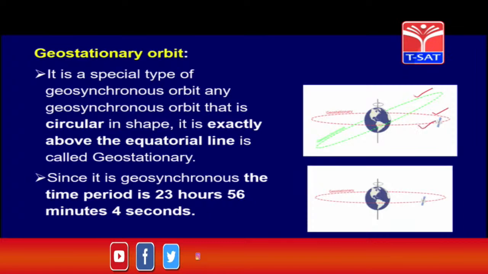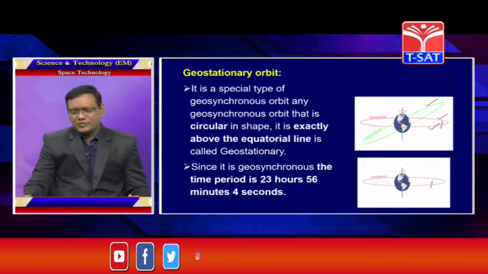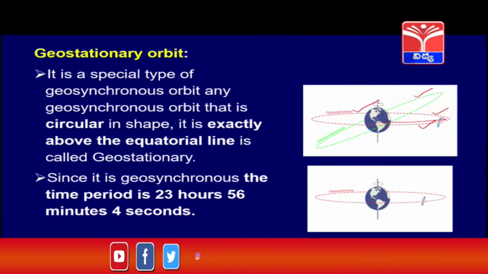This red colored one is the geostationary orbit, because it satisfies two more conditions: the orbit is circular in shape, and it is exactly above the equatorial line. So that's the reason why this is called geostationary orbit.